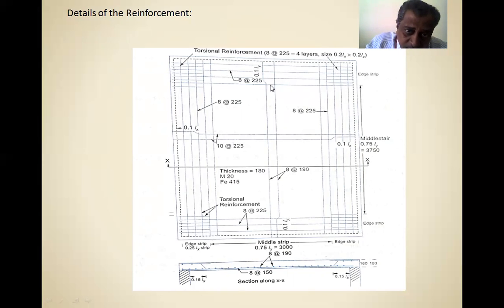Here you can see the kinking mark. From this portion, it is kinked at 0.1 Lx or 0.1 Ly. And here you can see the corner meshes of size 1100 mm by 1100 mm, 1100 mm in X direction, 1100 mm in Y direction. This torsion reinforcement, 8 mm dia, 225 mm center to center, 4 layers are to be provided.